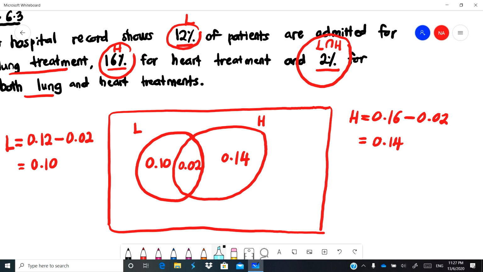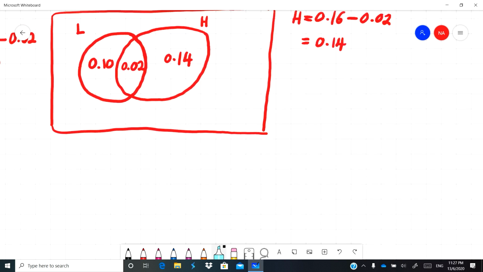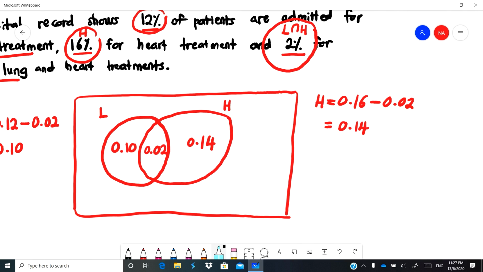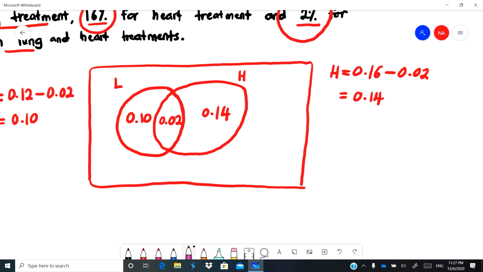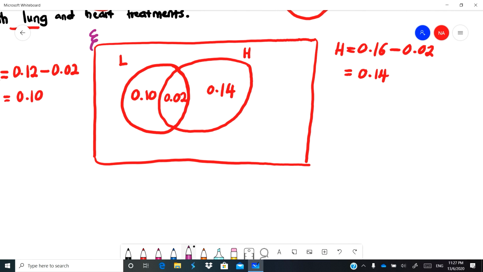If you don't believe me, you add: for heart, you add this 0.02 and you get 0.16, and for lung, you add this 0.02 so it will be 0.12. That's how you calculate the percentage for this one. In the universal set, the probability will be 1. So to get the rest of the probability, it will be 1 minus 0.10 minus 0.02 and then minus 0.14.